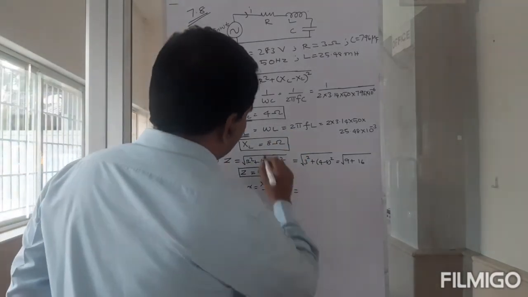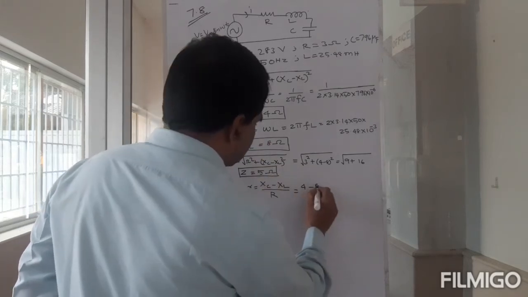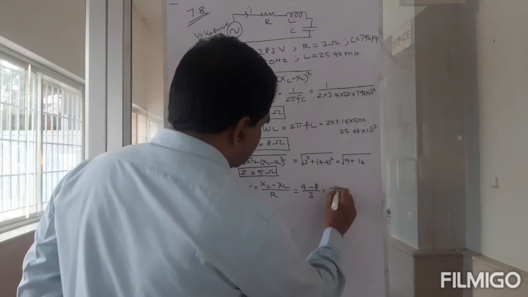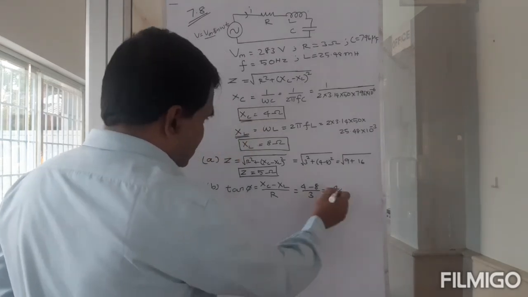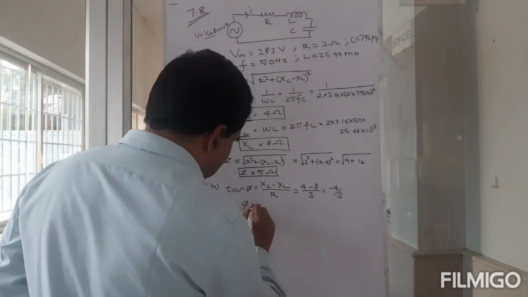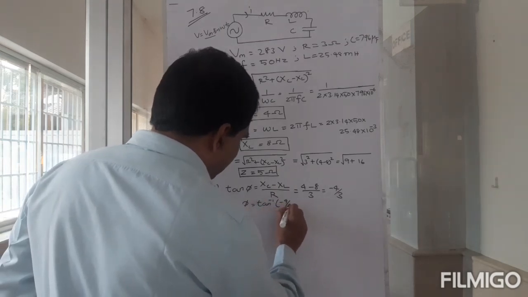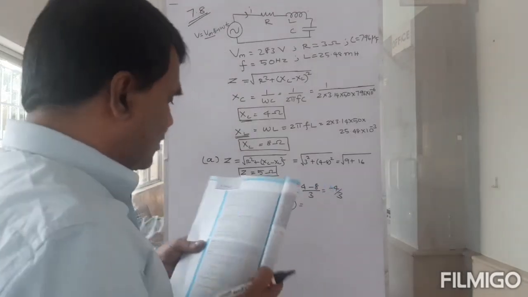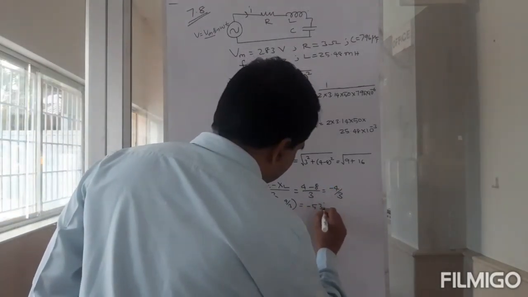So XC is 4 and XL is 8, divided by R, which is 3, so you get minus 4 by 3. So tan phi is minus 4 by 3, so phi is equal to tan inverse of minus 4 by 3, and that is equal to minus 53.1 degrees.